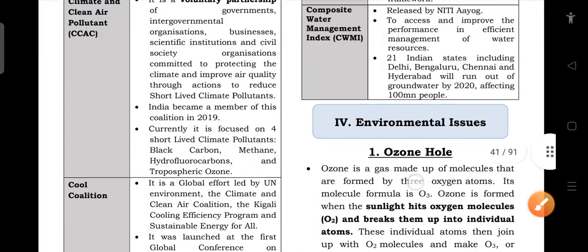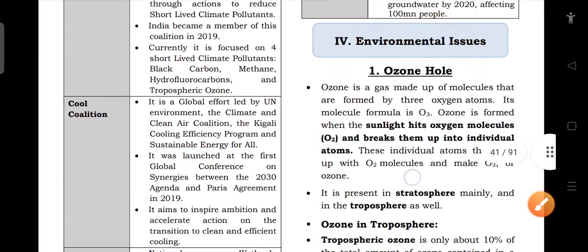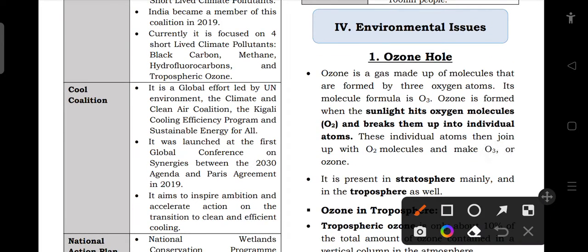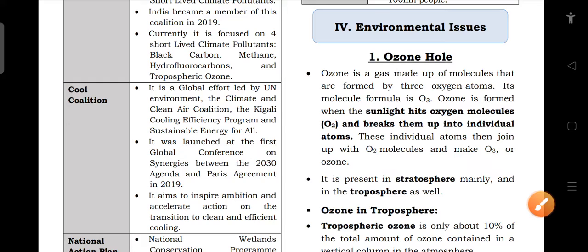Now what is this Cooling Coalition? The Cooling Coalition is a global effort led by UNEP, that is UN Environment, the Climate and Clean Air Coalition, and also the Kigali Cooling Efficiency Program and Sustainable Energy for All. As the name suggests, it is a coalition of various international organizations.